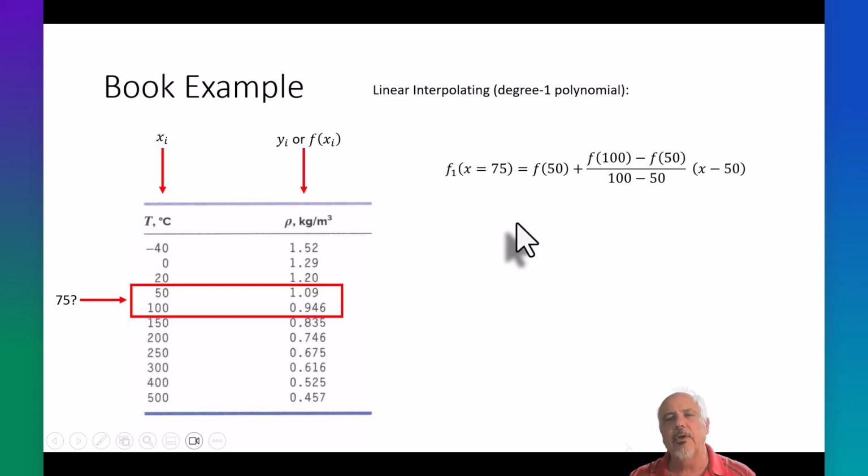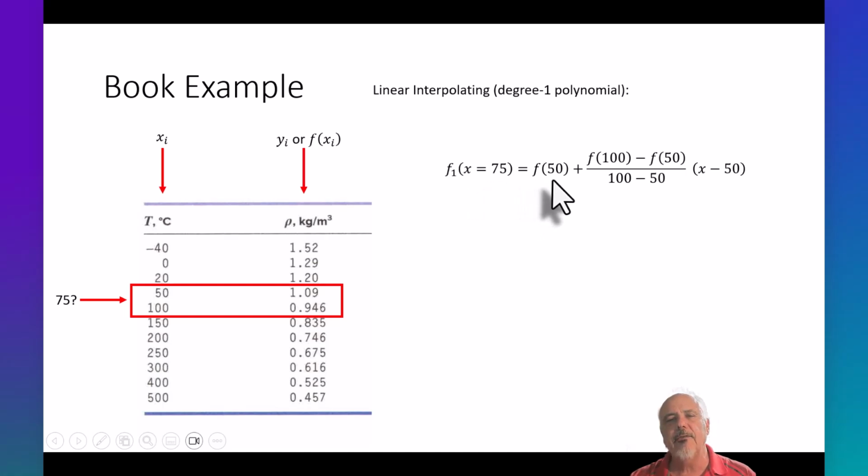So how would interpolation work for a 1 degree polynomial? You would have the function at 50. So the function is going to be this column. The function is what the y value is. So the f of x is y. So, kind of use these interchangeably. But I want to know what the f1, so that's the first degree polynomial value at x equals 75.